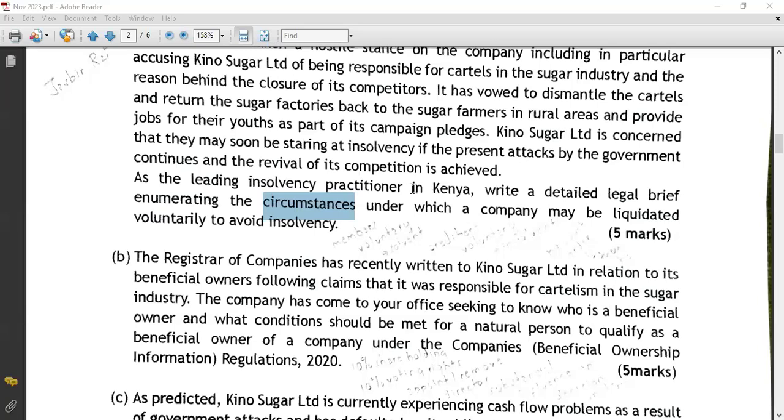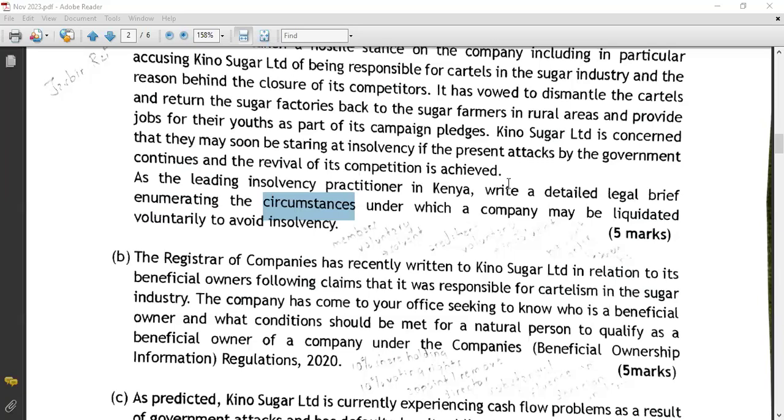Meetings of creditors' voluntary liquidation. You can start by this section. If I was answering this question, I'll stick with section 393. Can you look at 393?